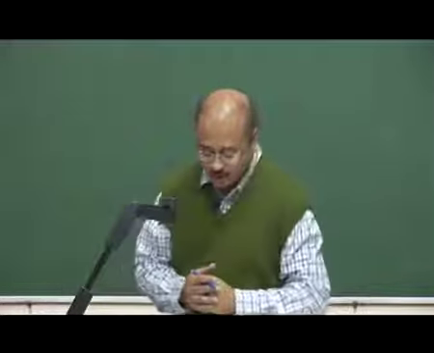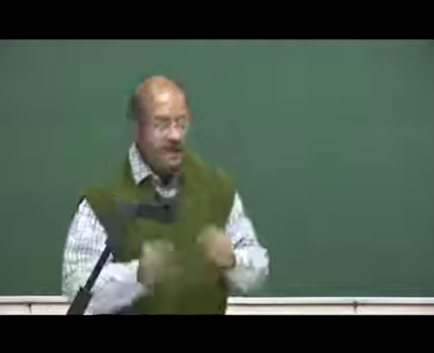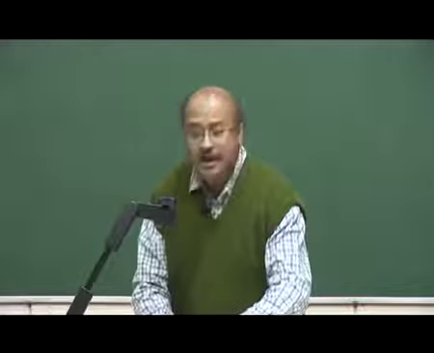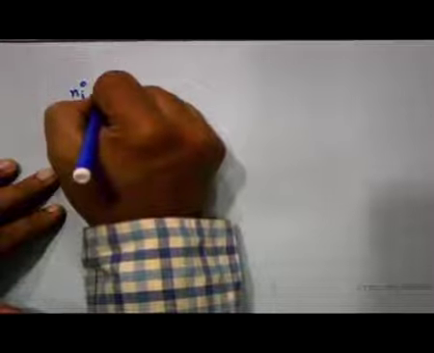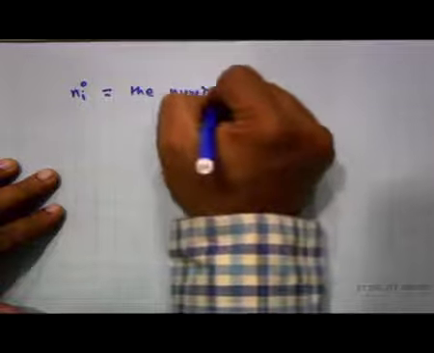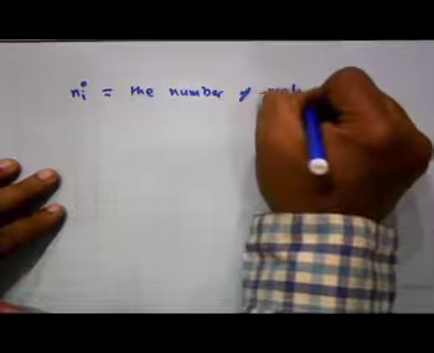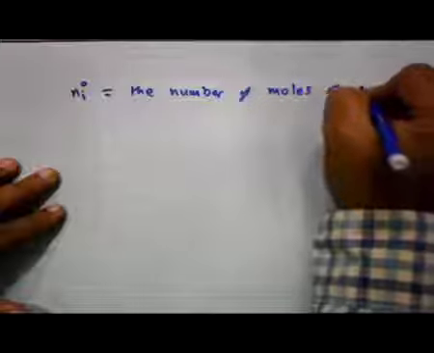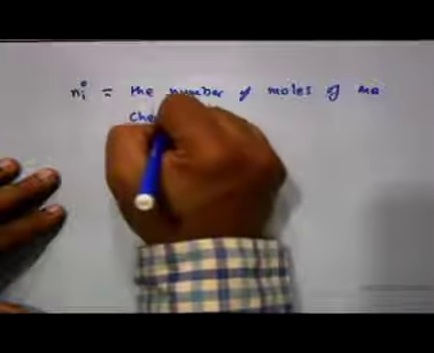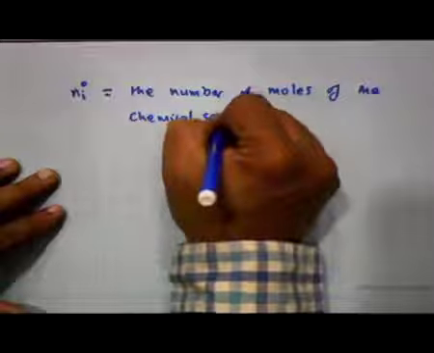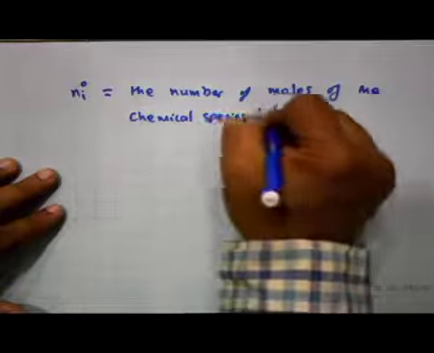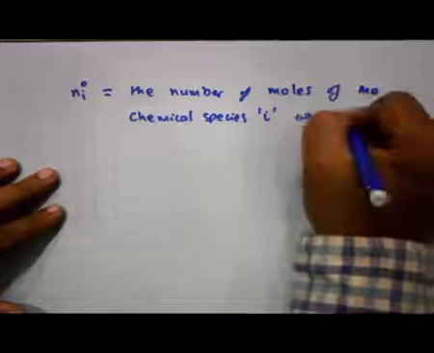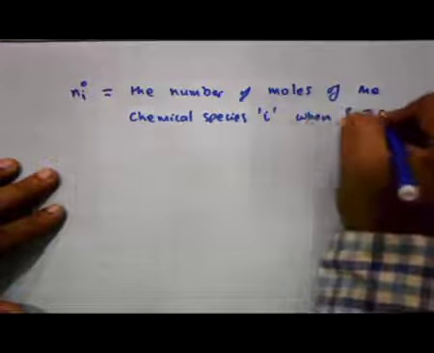Now, what about n I naught? This n I naught is very significant. It is the number of moles of the chemical species I when xi is equal to 0.